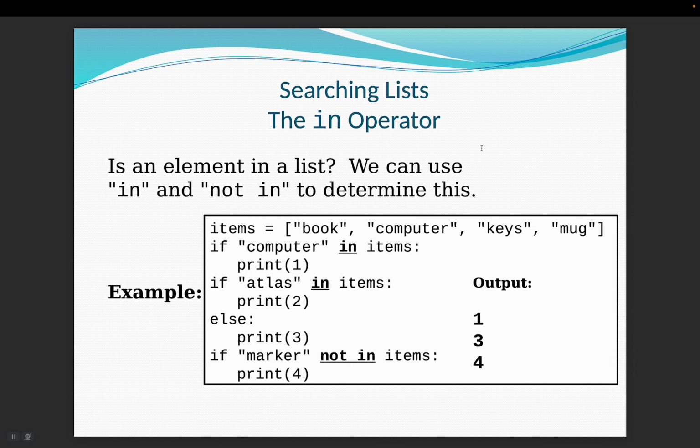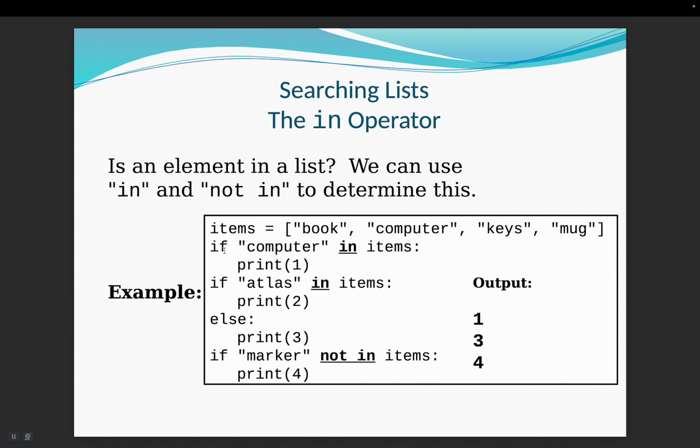Searching lists, the in operator: is an element in a list? We can use the keyword in, or we can use not in to determine this. Here's an example. We have a list of items, and these are strings.